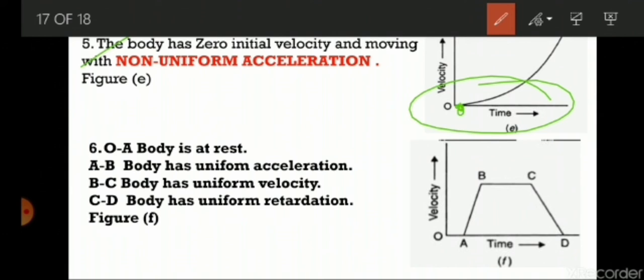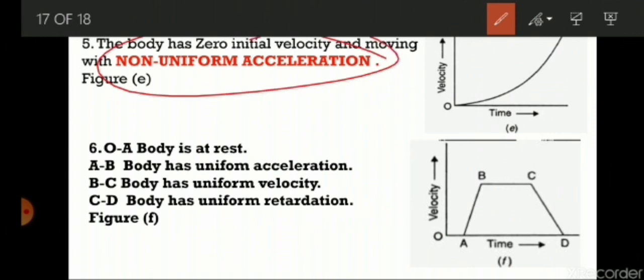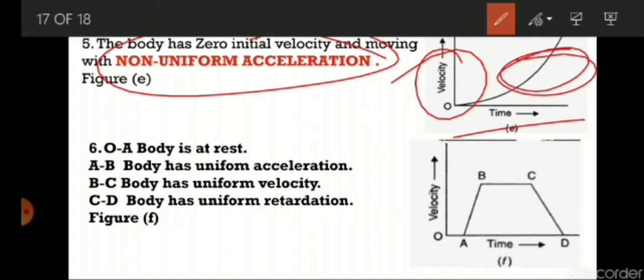The body has zero initial velocity. यहाँ पे देखिए ऑब्जेक्ट की इनिशियल वेलोसिटी कितनी है, 0, and it is moving with non-uniform acceleration because this is not a straight line, this is a curved line, and whenever we get a curved line, the graph will represent a non-uniform. This graph is between velocity and time, so this will be a non-uniform acceleration.